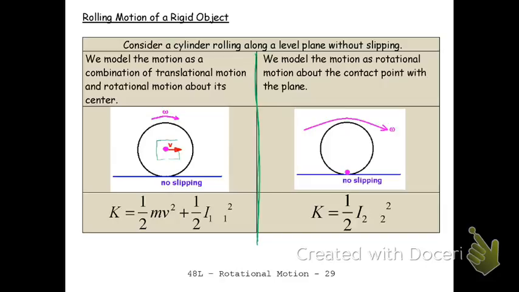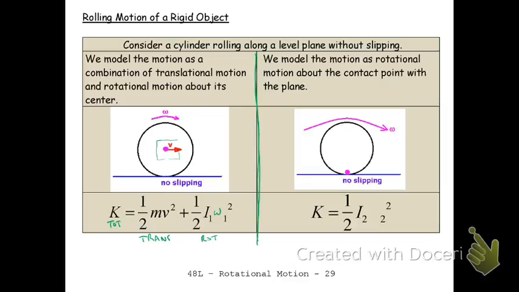So I'd say, well, it's 1/2 mv squared because that's the translational kinetic energy, plus 1/2 I omega squared. So this is my trans bit, and this is my rotational bit. And I add them together. So when it says KE total, there's a good hint. I'm looking for these two bits of the rotational motion.